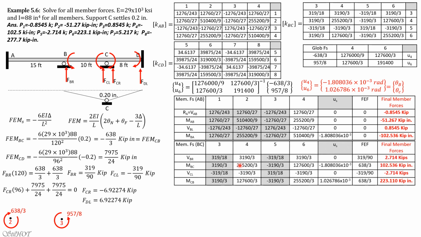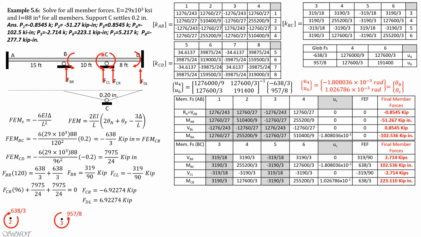For member BC, which is 3456, we have two values, U4 and U6. So we shade columns 3 and 5. And the fixed forces would be BC. We have counterclockwise 638 over 3, positive.